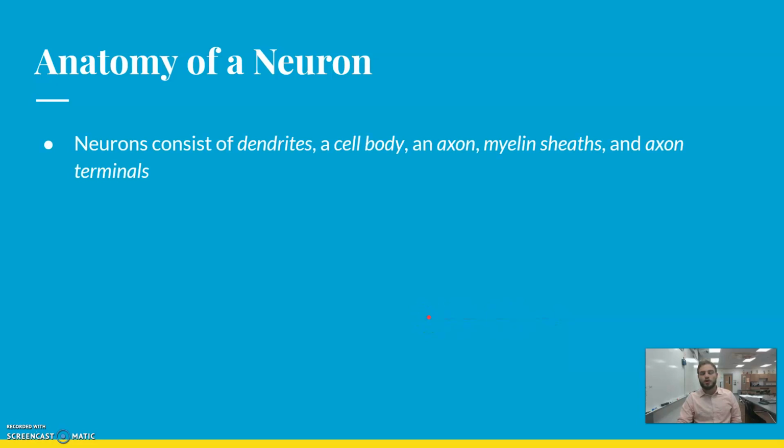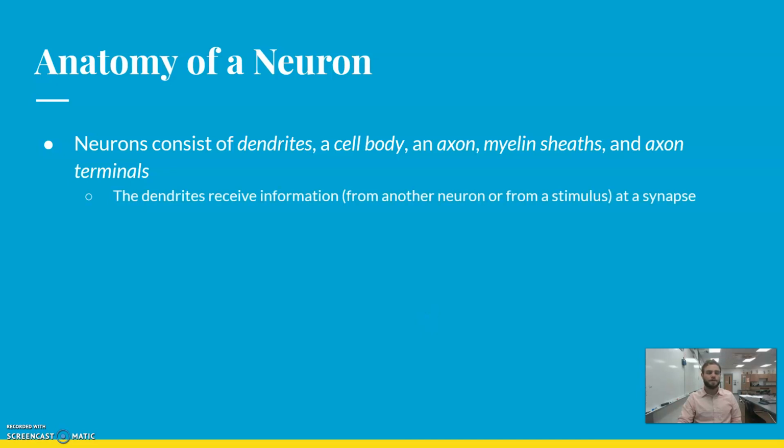So your general neuron is going to have dendrites, a cell body, otherwise known as soma, an axon, myelin sheaths, and axon terminals. The dendrite's job is to receive information.